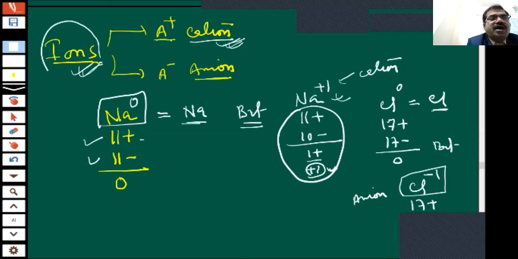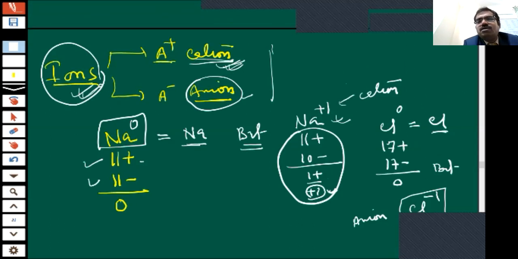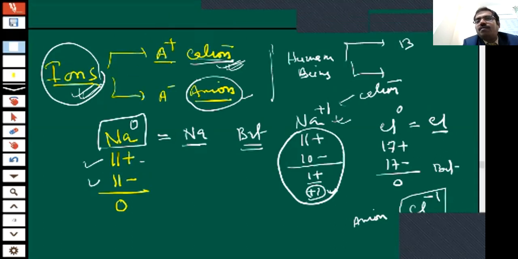But all ions are not cations. There are some anions also. And all anions are ions. But all ions are not anions. You have to remember, children. Did you understand? Suppose a human being is there. A human being may be boy or girl.